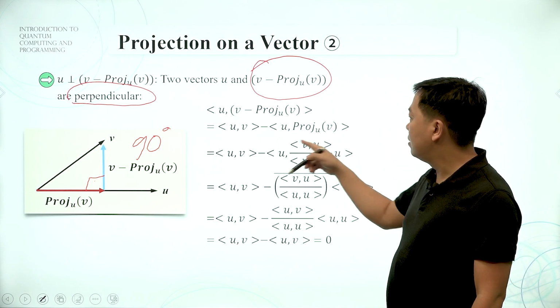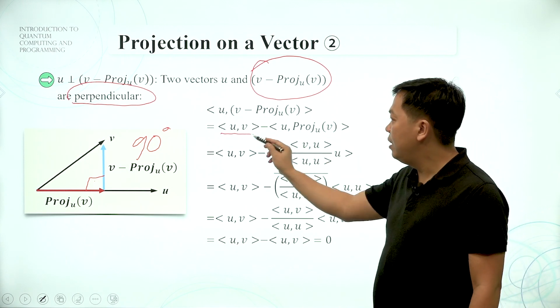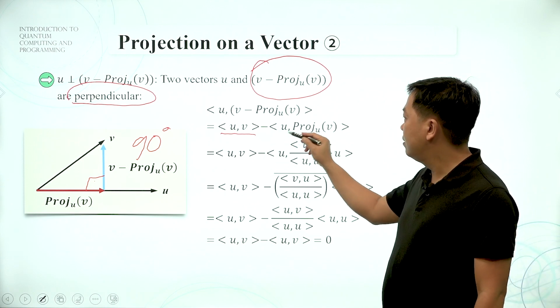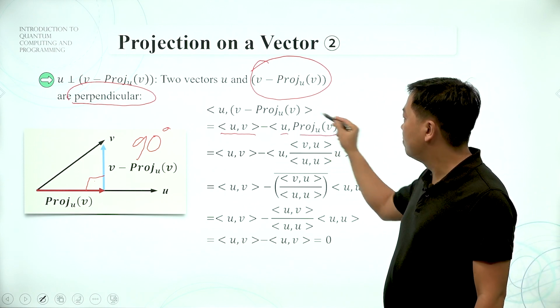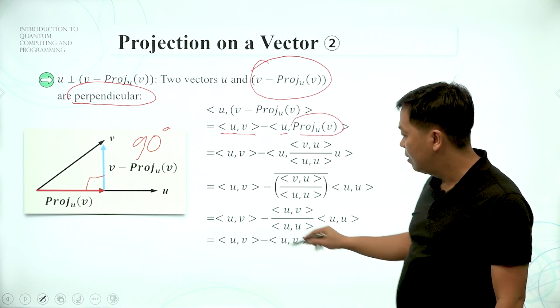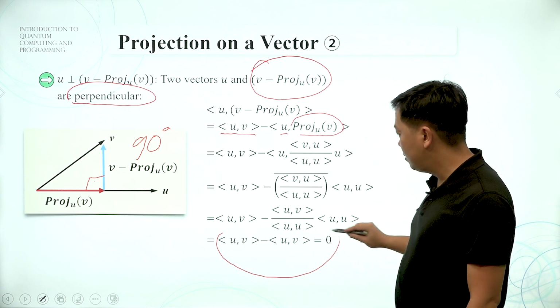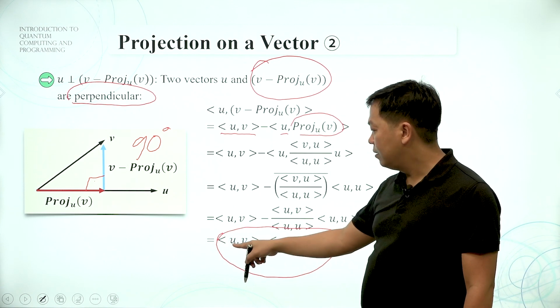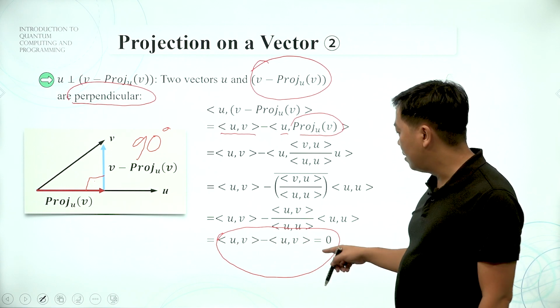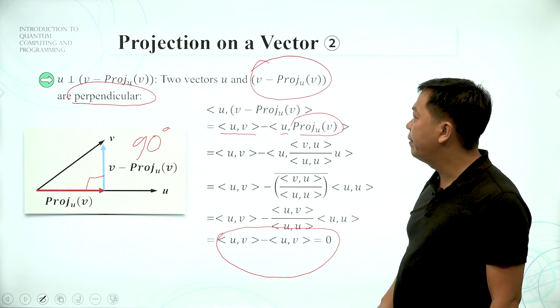Here is how we can calculate it. We take the inner product and subtract the inner product with the projection. In the final step, the inner product of u and v minus the inner product of u and v is of course 0.